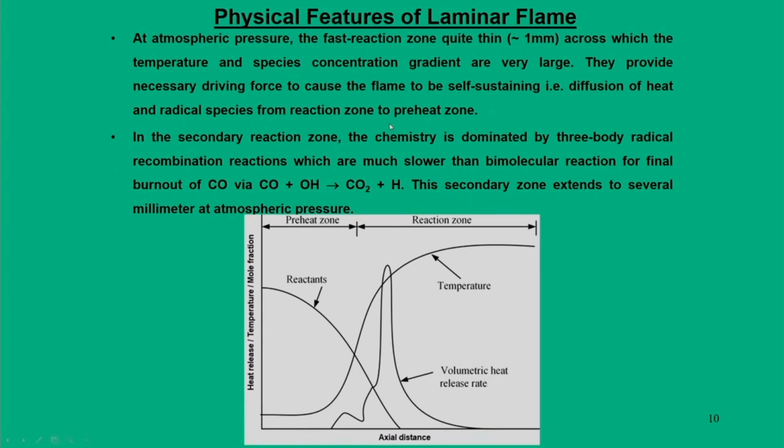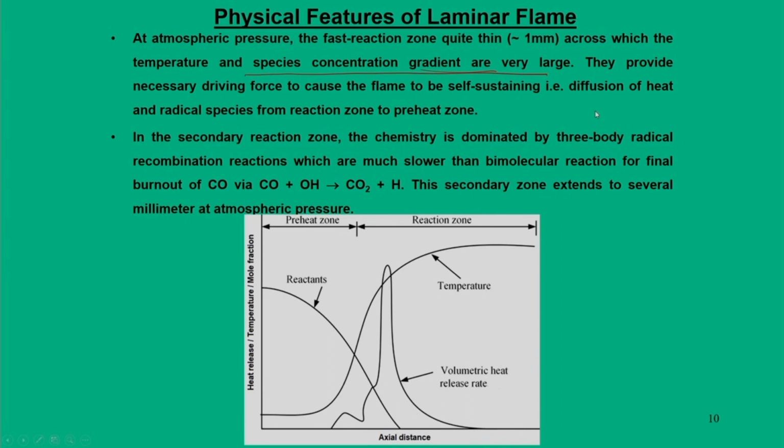Now, in the fast reaction zones, temperature and species concentrations are very large. To keep this flame in a self sustaining mode, the temperature and species concentration should be high, because they provide the necessary driving force.